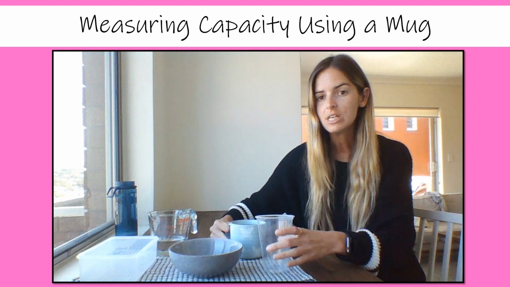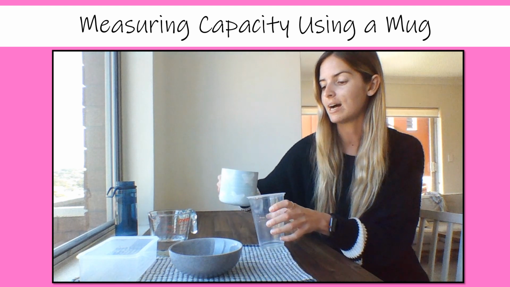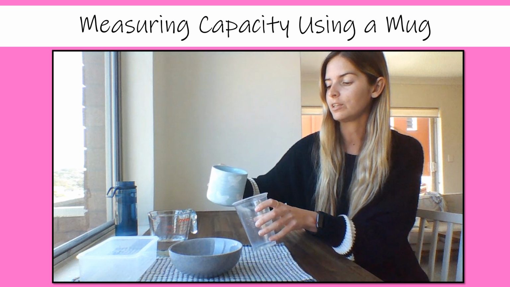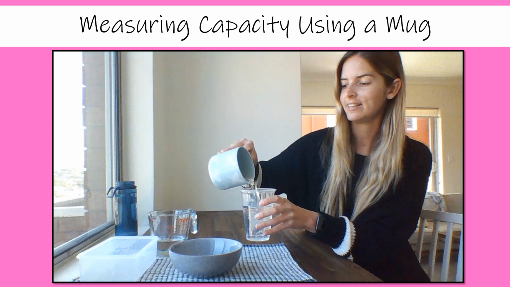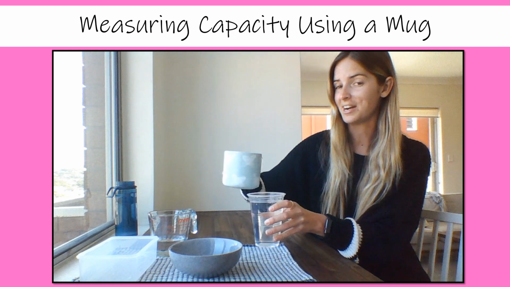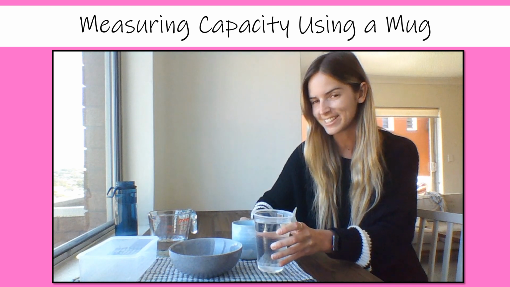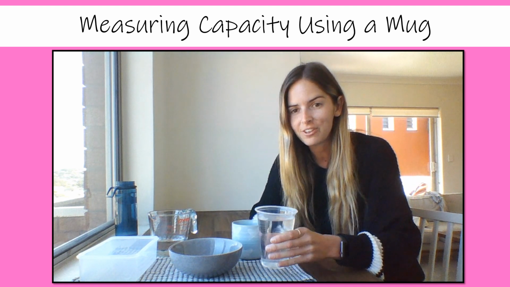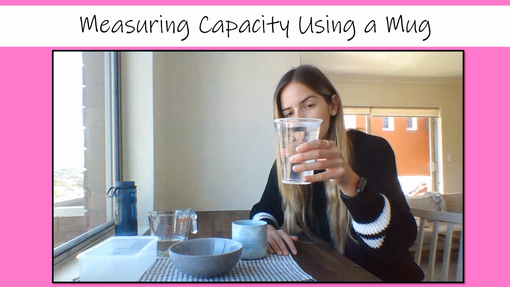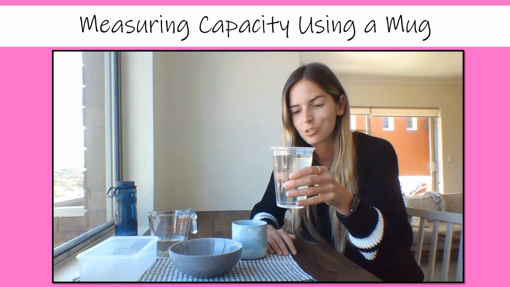So now I need to pour it into my plastic cup. So I might spill a little bit here. Let's go in. Okay, I was definitely wrong there, wasn't I? I said 2 mugs of water. And if you can see, 1 mug of water is nearly to the top.